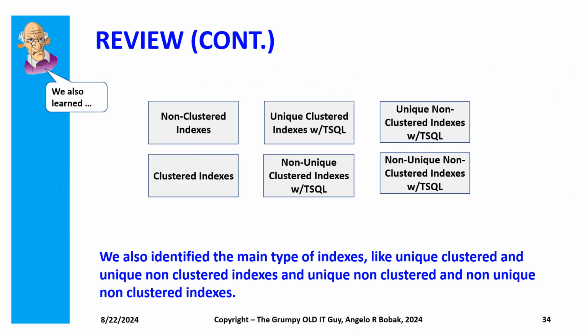In this lesson, we also discussed the following: how indexes work, creating non-clustered indexes with Object Explorer, creating clustered indexes with Object Explorer, creating unique clustered indexes with T-SQL, creating non-unique clustered indexes with T-SQL, creating unique non-clustered indexes with T-SQL, creating non-unique non-clustered indexes with T-SQL.